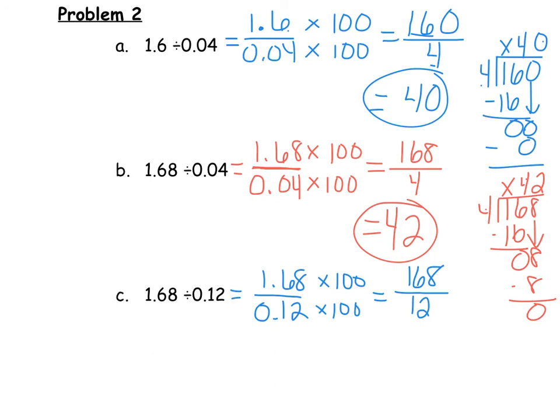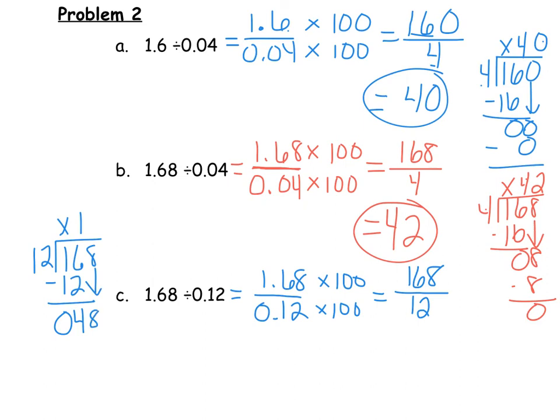So 168 twelfths. Well, we need to do our long division, and I'm going to have to go over here because the other side is a little too crowded. So 168 divided by 12. 1 divided by 12 I can't do. 16 divided by 12 I can do once. 1 times 12 is 12. 6 minus 2 is 4. 1 minus 1 is 0.